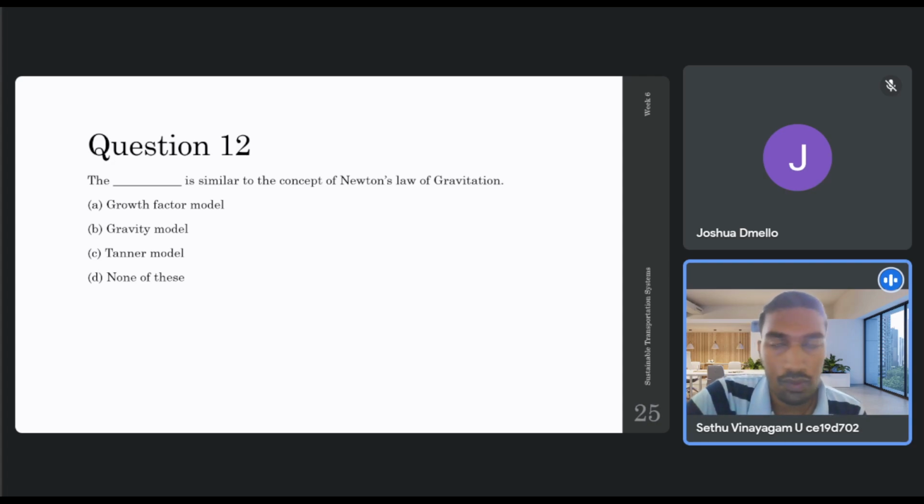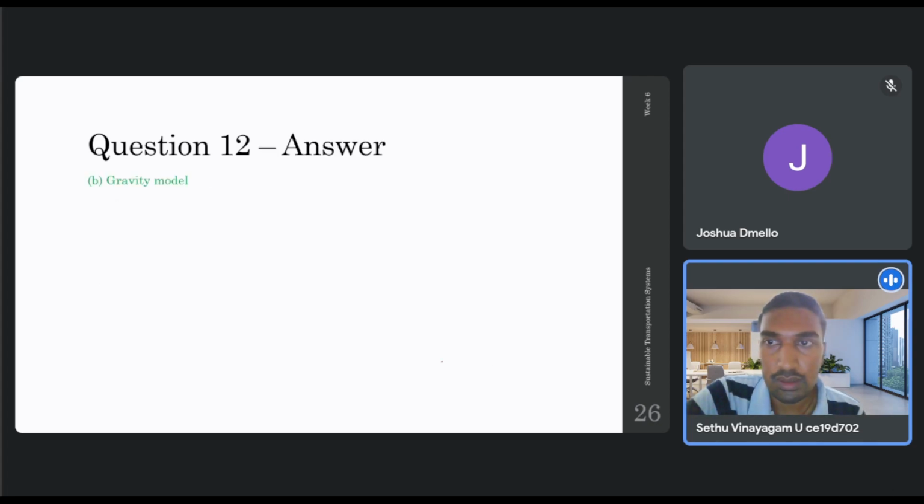Okay, so we have one vote for option B, gravity model. So the right option is also option B.